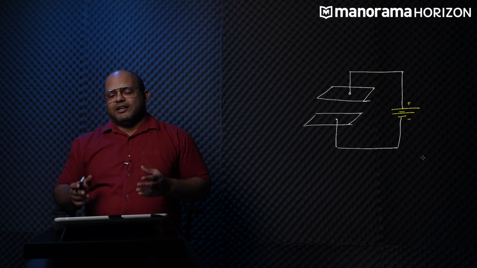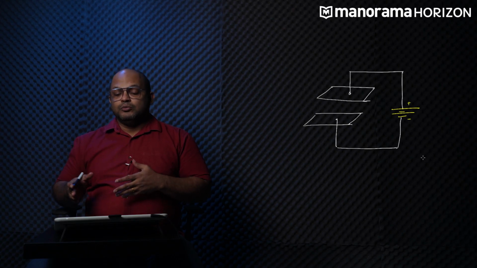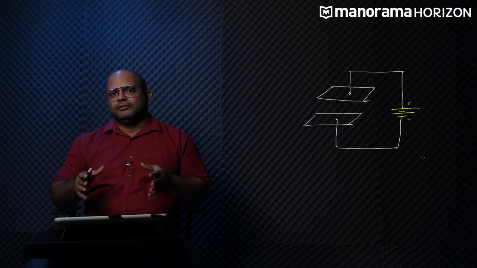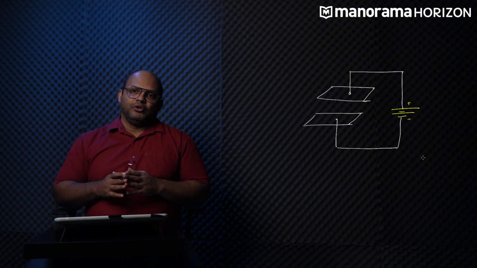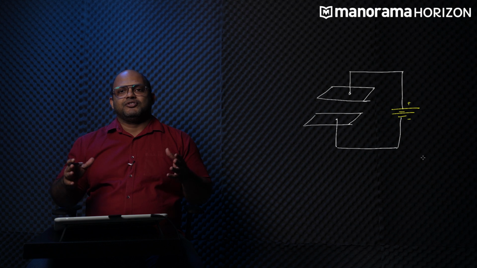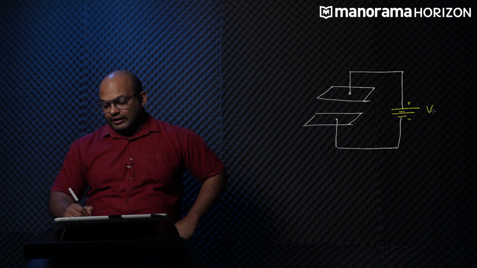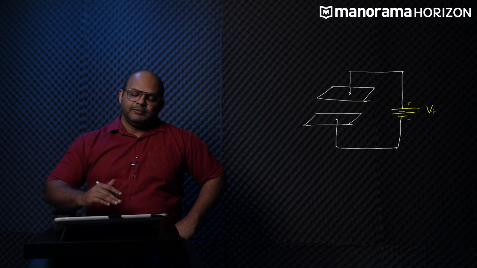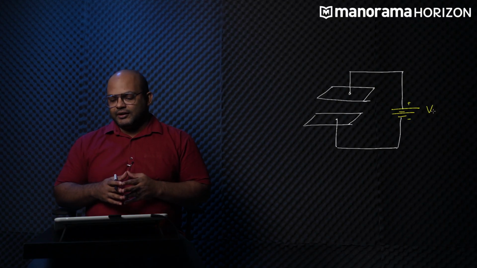We will now notice that because of this source of electrical energy, charges will start to move towards the plates of this capacitor. Now, initially, we have assumed that there is no excess charge on it, which means that while the potential of the external source will be capital V, the potential between these plates at the beginning is 0.